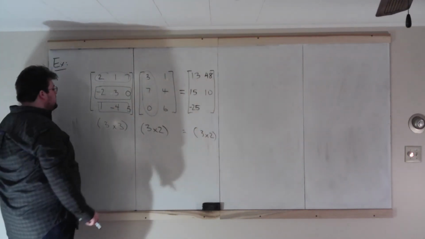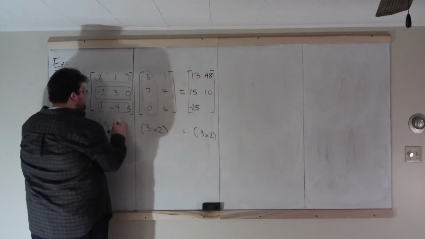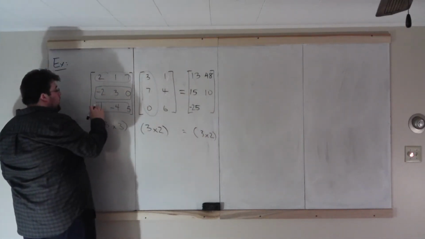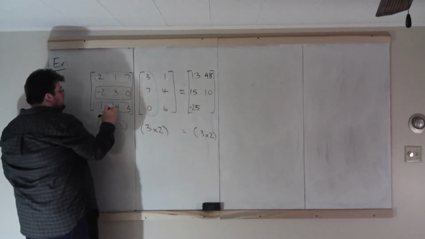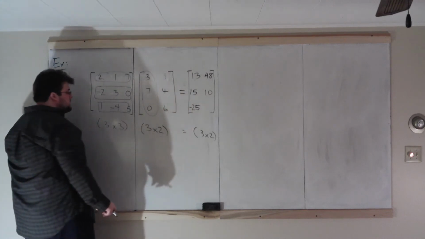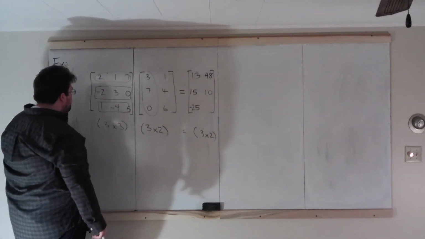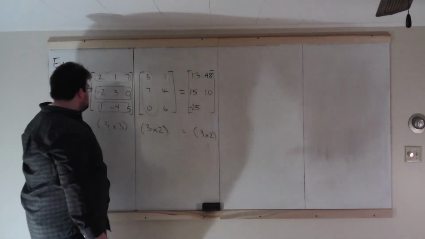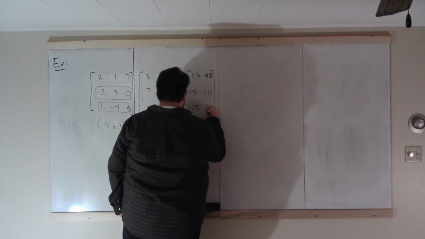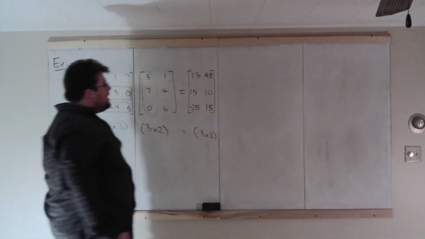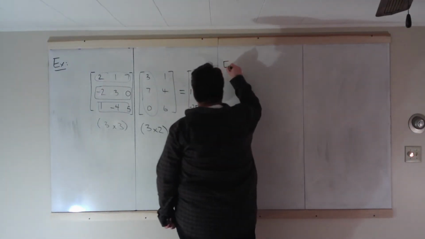And finally, this last row times this last column goes in this last entry. 1 times 1 is 1. Negative 4 times 4 is negative 16. 5 times 6 is 30. So we have 30 minus 16 plus 1. 31 minus 16 is 15. And let's look at one more example.